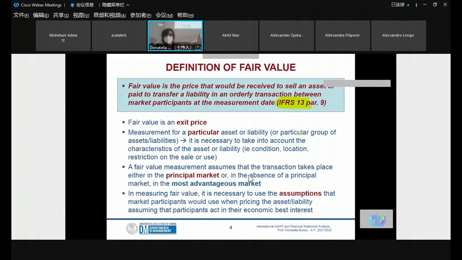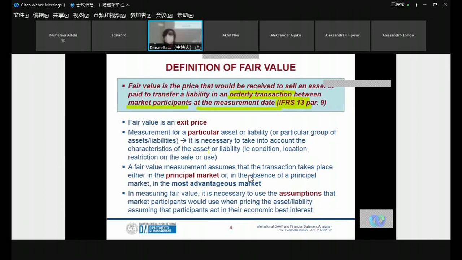Exit price. Okay? Price, market, exit, because it's a price that the company can receive in order to sell, to dispose of the asset, okay? Or to transfer the liability. So the price that will be received to sell an asset or paid to transfer a liability in an orderly transaction between market participant and the measurement date.